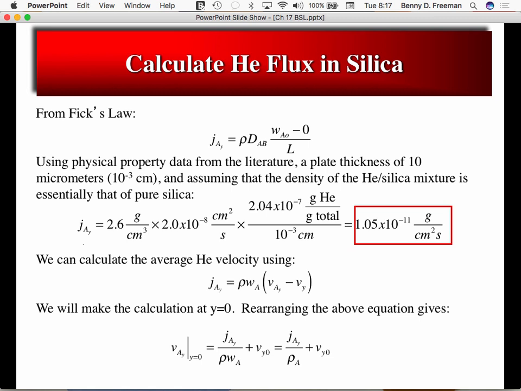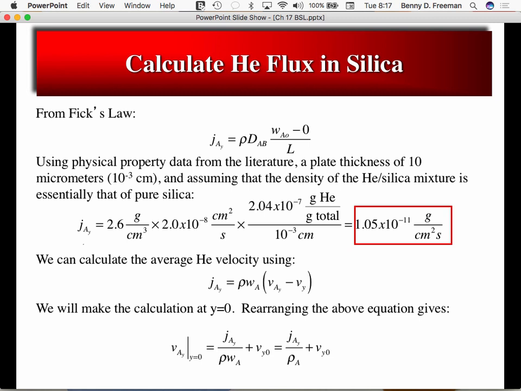We can come back to the problem we were looking at and use physical property data from the literature. So if you have a plate that's 10 microns thick and the density of the silica is essentially 2.6 grams per cc, that of pure silica, the diffusion coefficient is reported in the literature for helium through silica, 10 to the minus 8 square centimeters per second.